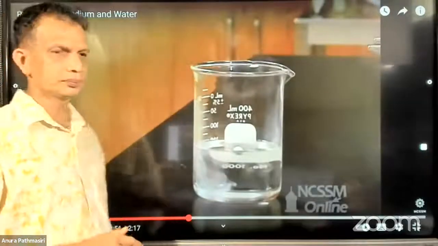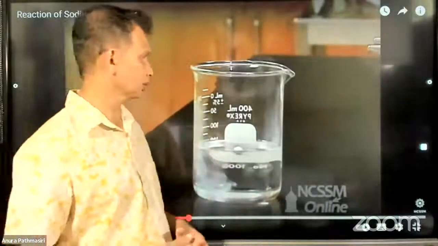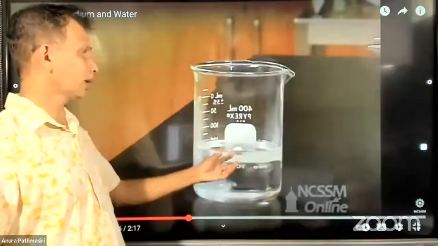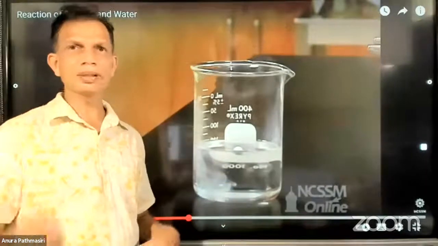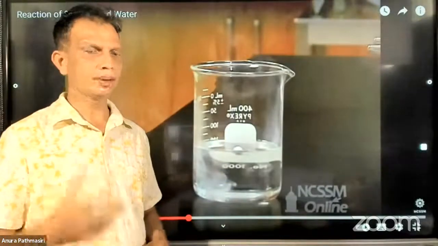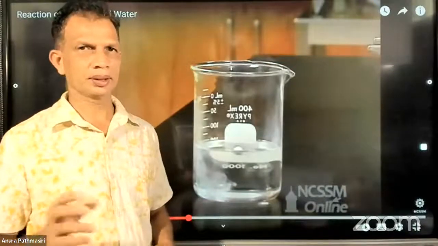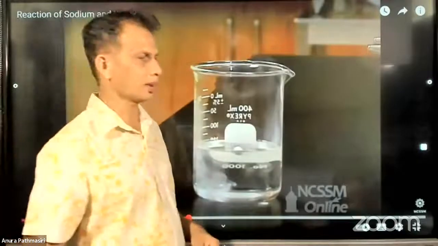The other one, it rapidly reacts with water and a gas is produced. When the gas is collected and tested with a glowing splinter, it makes the pop sound, indicating that the produced gas is hydrogen gas.